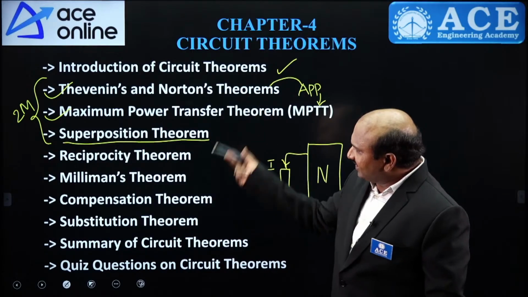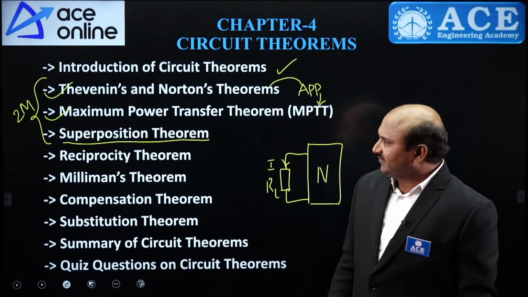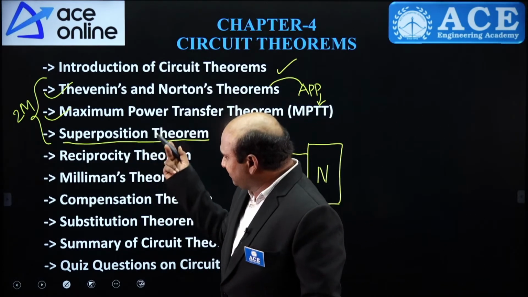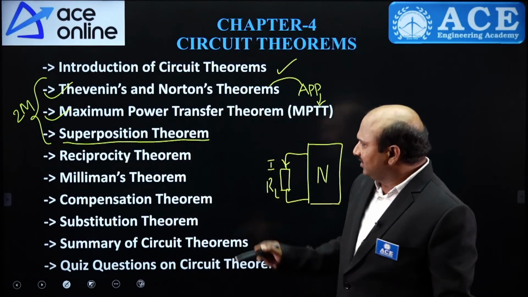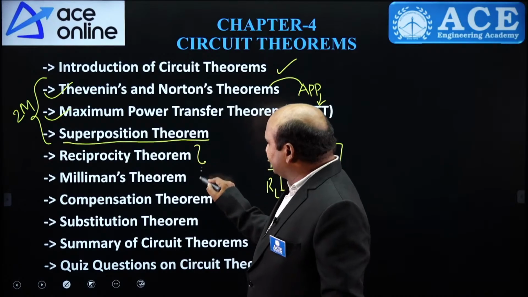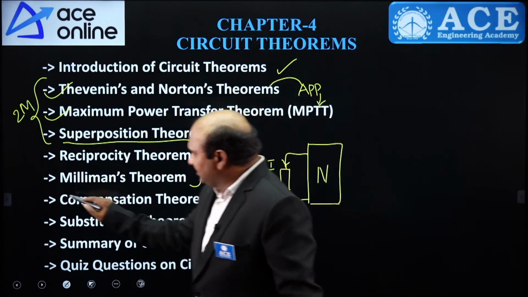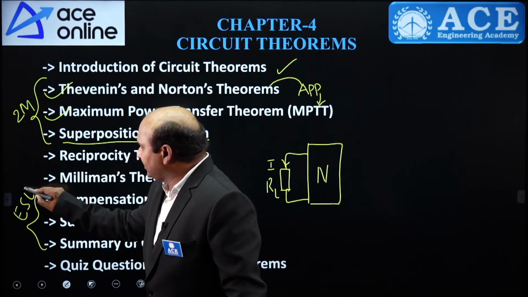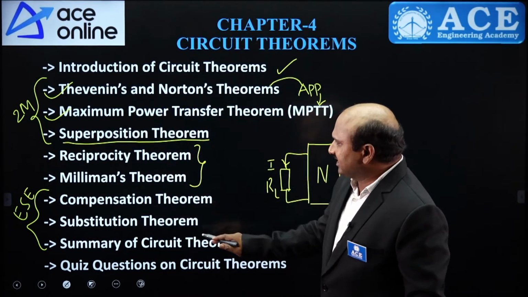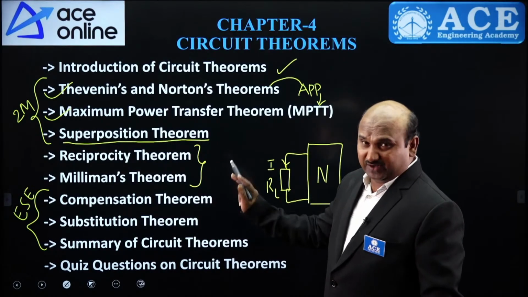The rest of the theorems, which are the reciprocity theorem, Millman's theorem, compensation theorem and substitution theorem, are for ESE. For GATE, up to Millman's theorem, don't go for that.